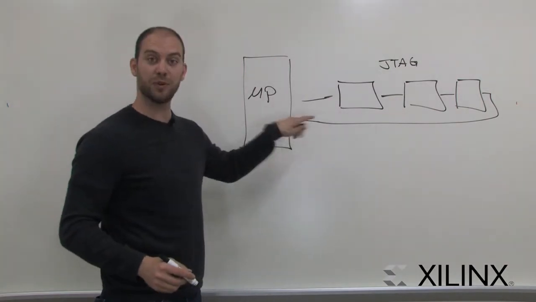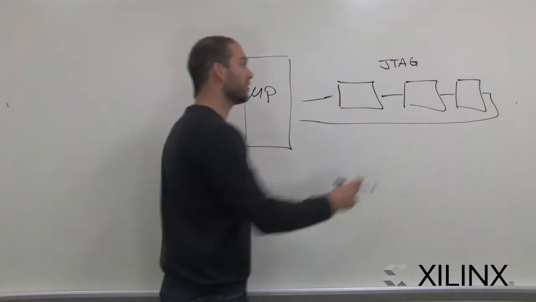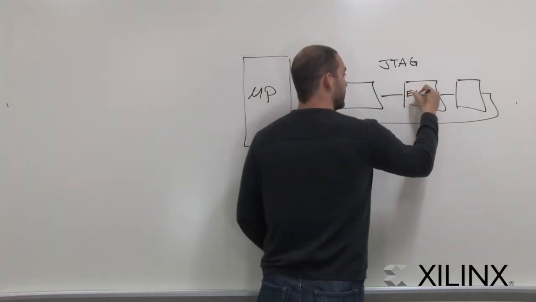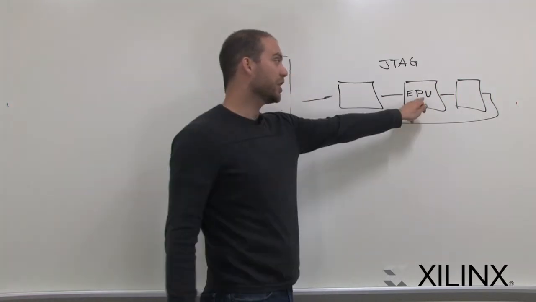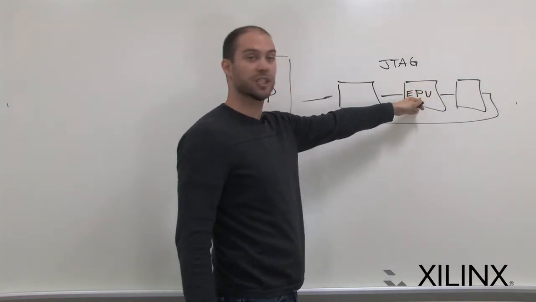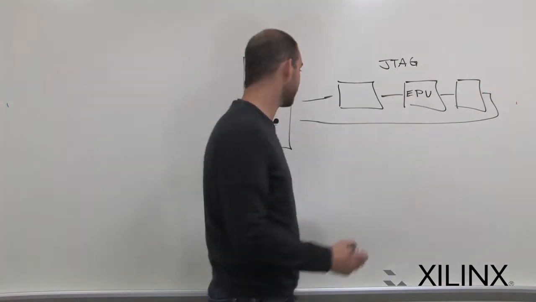At the end of the day, what we will be doing is to target one of the devices in the chain and erase, program, and verify that device or any other JTAG operations that can be recorded in Impact.